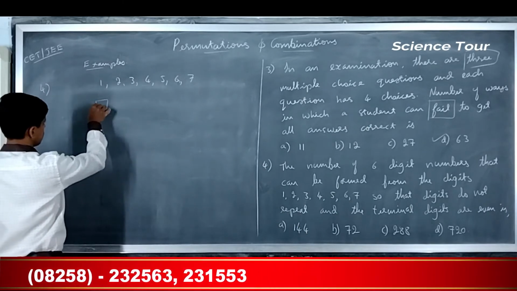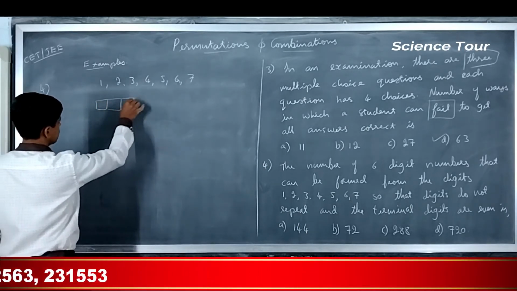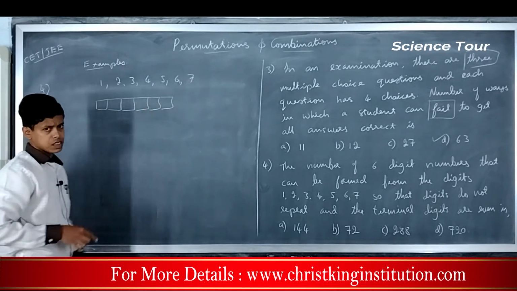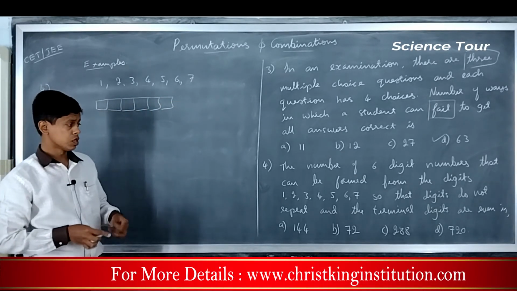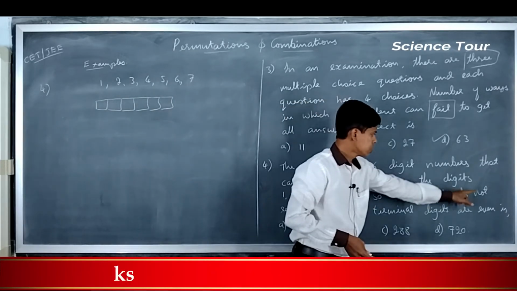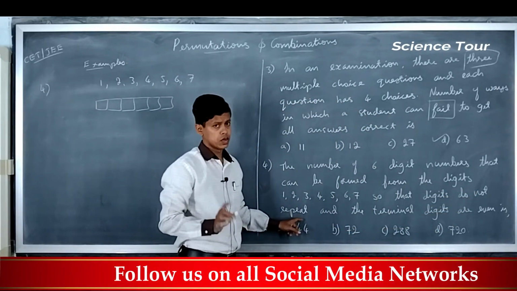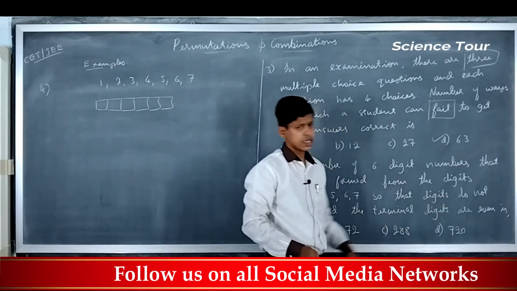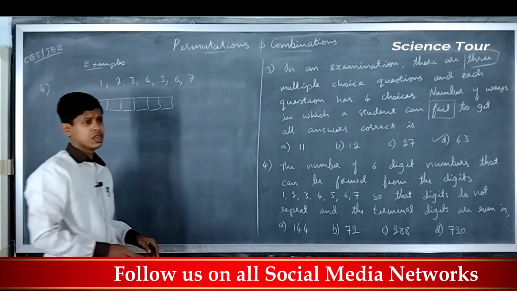So there are totally 6 vacant places, and you have to generate a number, so that digits do not repeat, one condition, and the terminal digits are even. So what do you mean by the terminal digits?